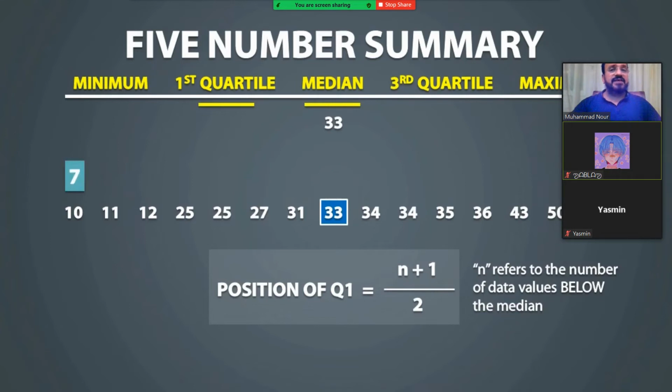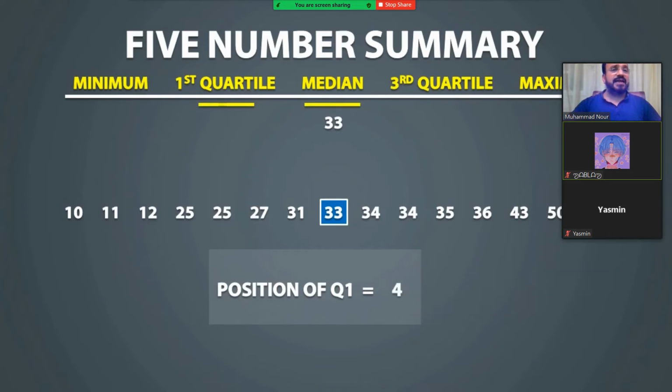There are 7 data points below the median. So n is equal to 7, and we find the first quartile is in the fourth position. So we count to the fourth position and we can see that Q1 is equal to 25.